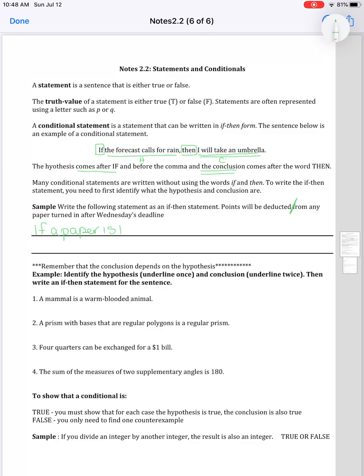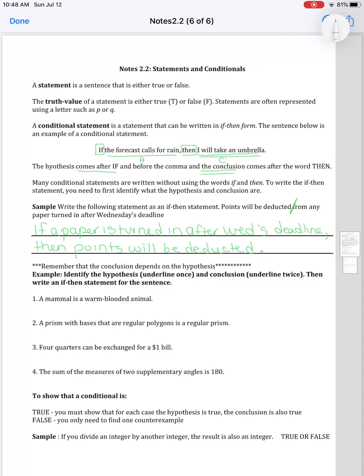And we're going to say, if a paper is turned in after Wednesday's deadline, I'm going to abbreviate Wednesday's deadline. So there's my if, comma, then, now what's my conclusion? So what's going to happen because of that? So then points will be deducted.